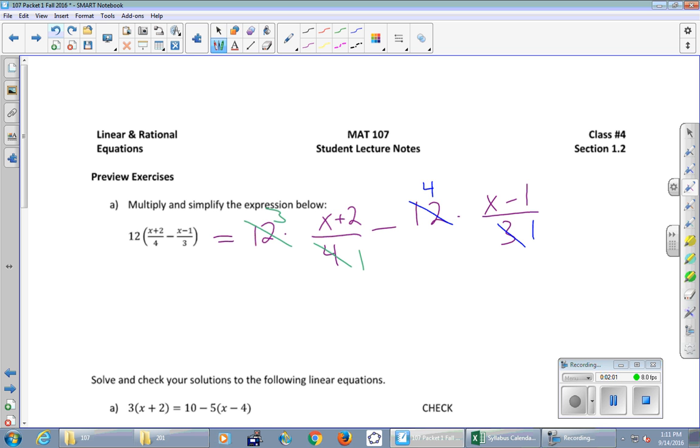So this 3 is now distributing through the x plus 2. If it helps, you can imagine parentheses there. So we distribute the 3, we get 3x plus 6 minus, and we distribute the 4, 4x minus 4.